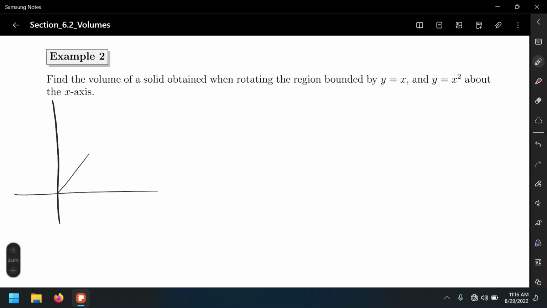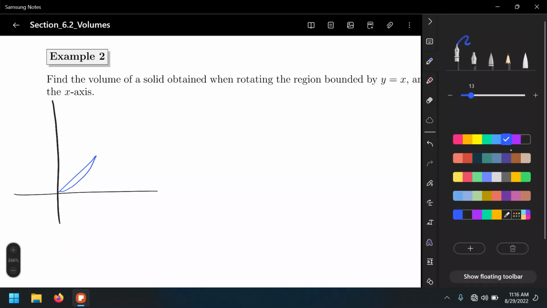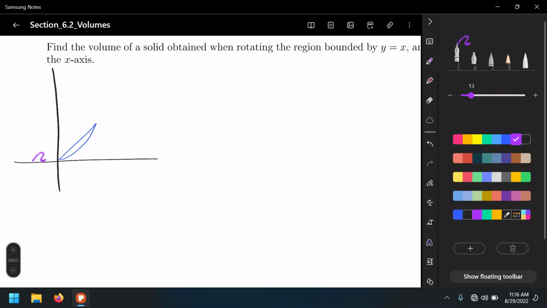And what do we have? Y equals x and y equals x squared. All right? Okay, nope. We use a different color here. And well, we will rotate again about the x-axis, and the end result will be a solid that looks like this.